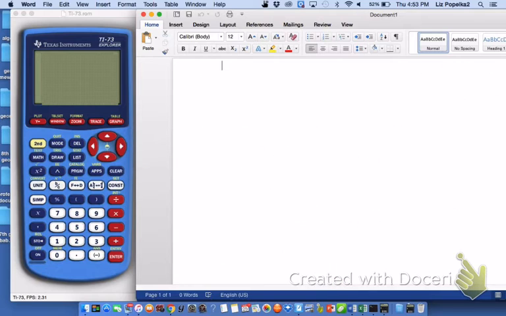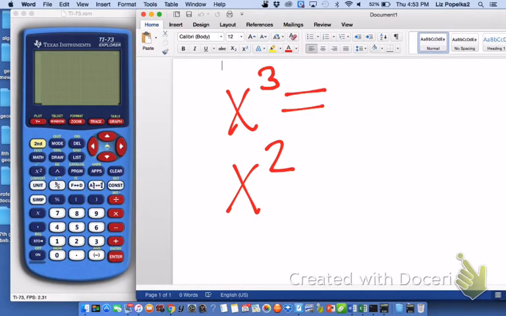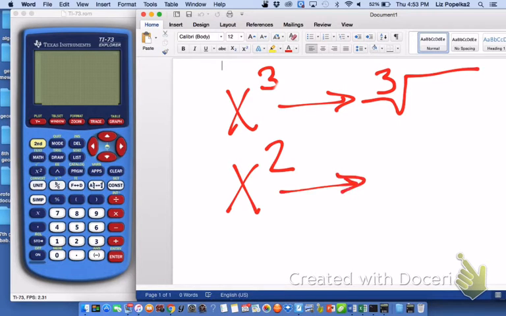The other thing we need to make sure we remember is that we've been learning this week that squaring and cubing numbers have opposites. The opposite of cubing is to do the cube root. The opposite of squaring is to take a square root.